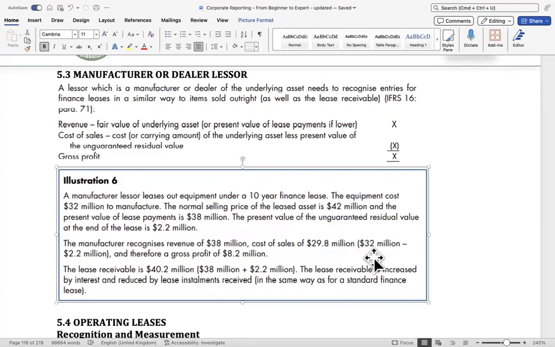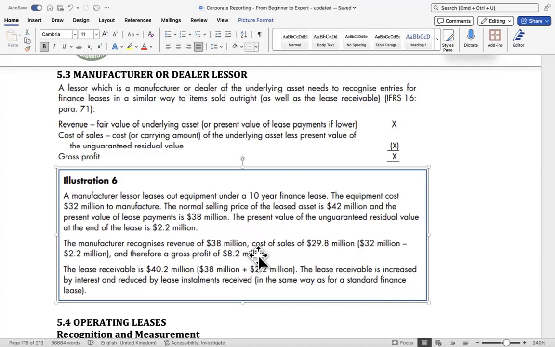So the cost of sales is 32 million minus that 2.2 million, and that gives me 29.8 million. So my cost of sales is 29.8 million. My revenue is 38 million. My gross profit, of course, will be 8.2 million. So that has to be recognized.